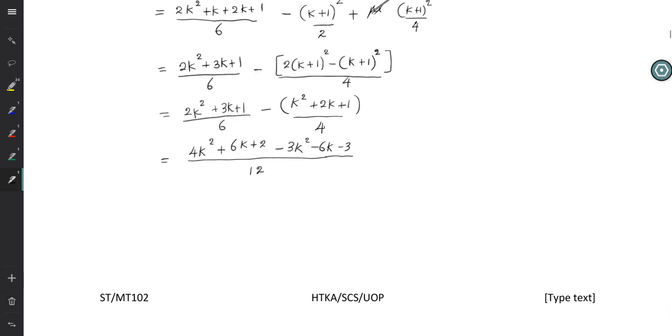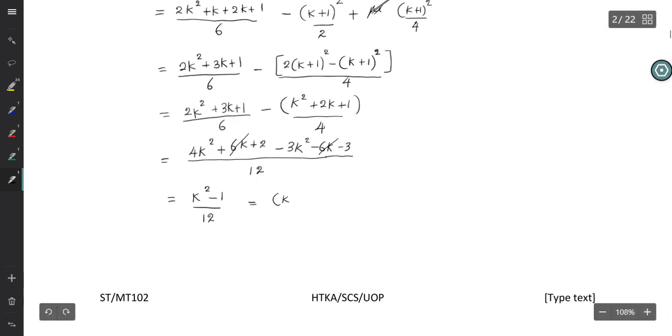Okay, now if you simplify this further, you will end up with 6k, negative 6k cancels out. 4k square minus 3k square is k square. 2 minus 3 is 1. So you end up with k square minus 1. But this is also the difference of two square terms. If you want, you can write this as (k plus 1) times (k minus 1) divided by 12. So both expressions are okay.